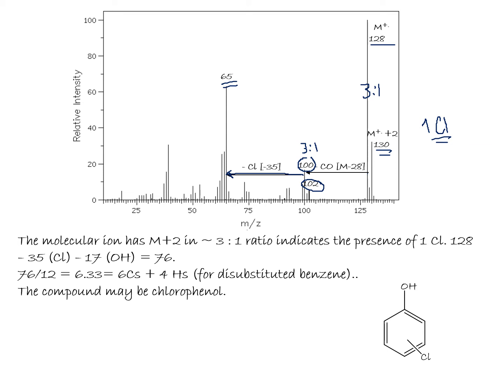The molecular ion has M+2 in 3:1 ratio, indicating 1 Cl. 128 minus 35 minus OH 17 leaves a residue of 76. 76 means that you have 6 carbon, 4 hydrogen, di-substituted benzene ring. Alright?